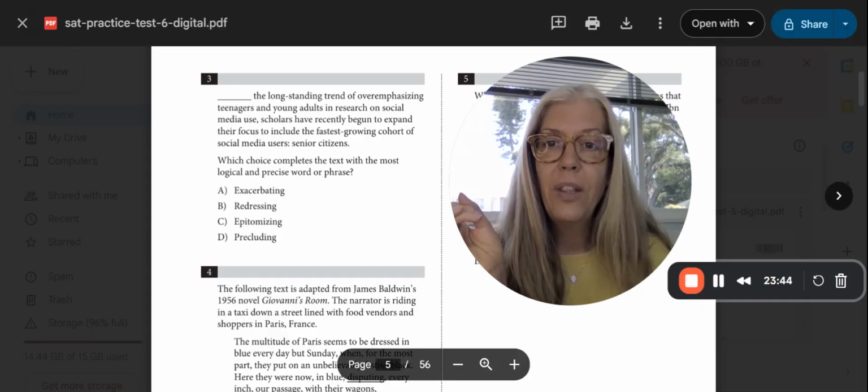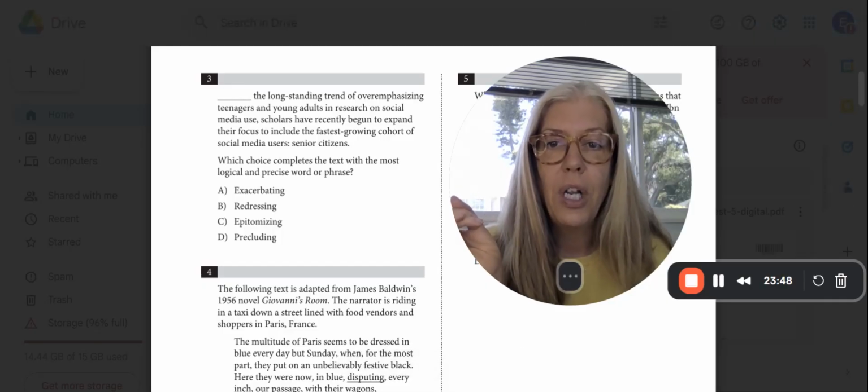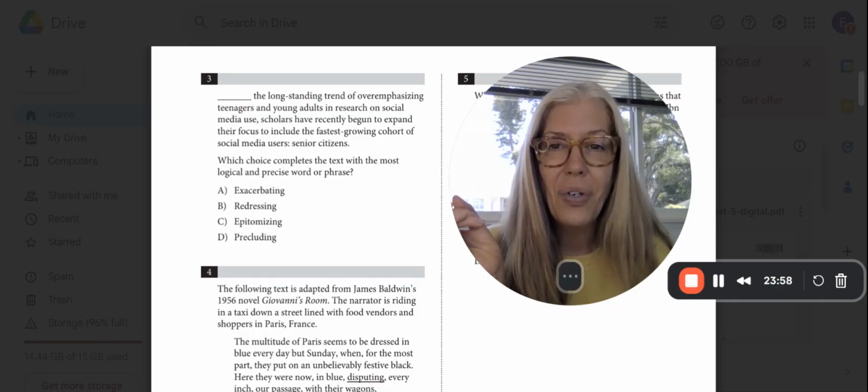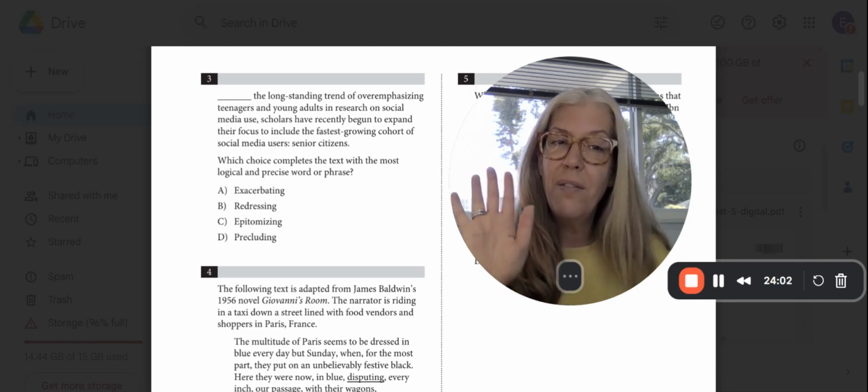The long-standing trend of overemphasizing teenagers and young adults in research on social media use. Scholars have recently begun to expand their focus to include the fastest growing cohort of social media users, senior citizens. All right, I want to look again for the shift.